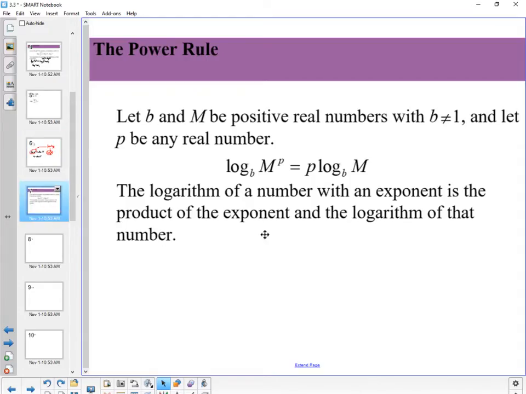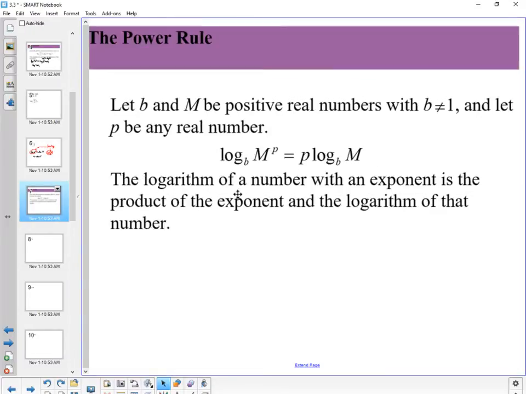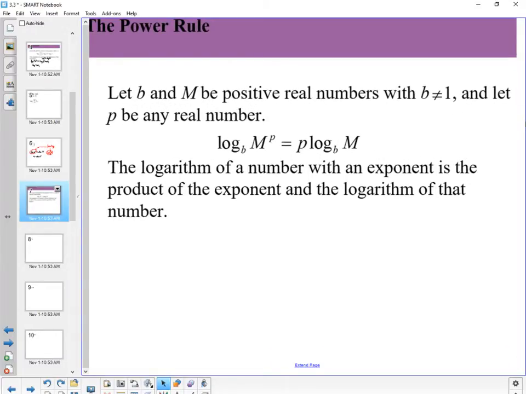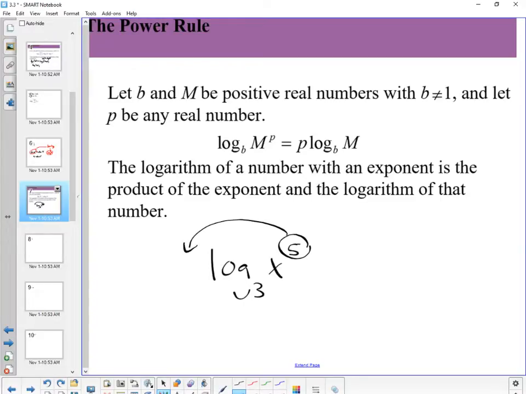Okay. Now, this is the power rule. This is the power rule. If I have some logarithm, let's do this. Let's go log base 3. If I had some power like this, x to the 5th, I can take this exponent and kick it to the front.